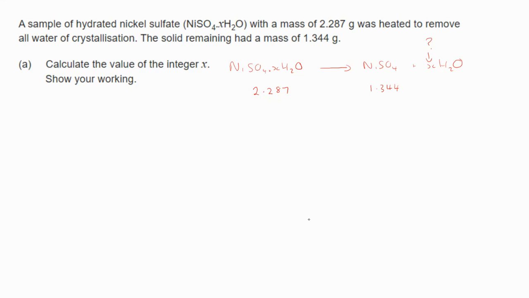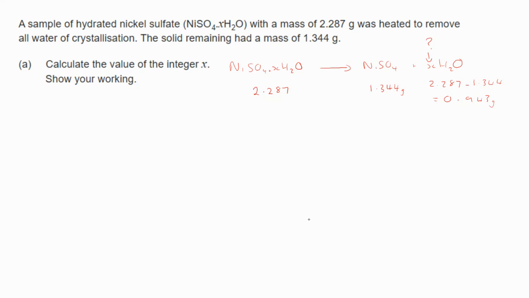So if I do my maths here, the amount of water is going to be 2.287 minus 1.344. And if I stick that into my calculator, that's going to give me 0.943. So what I've got is 1.344 grams of nickel sulfate and 0.943 grams of water.